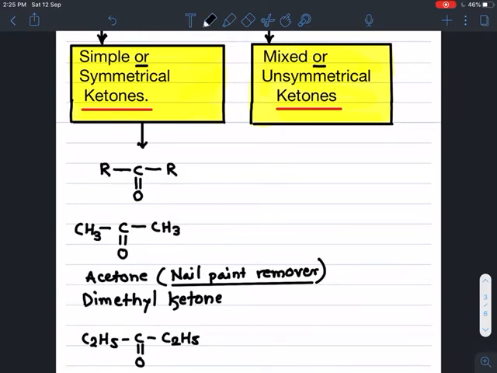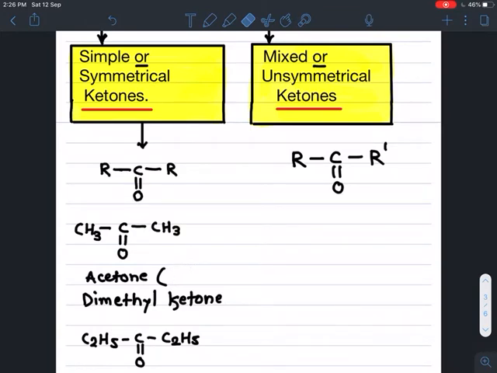Mixed means two different alkyl groups, R CO R dash, two different alkyl groups attached on both sides of the ketonic group, and we get a mixed or unsymmetrical ketone.